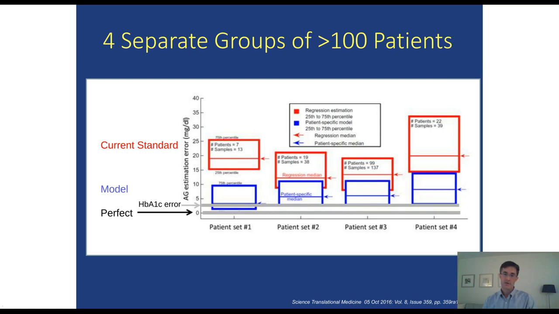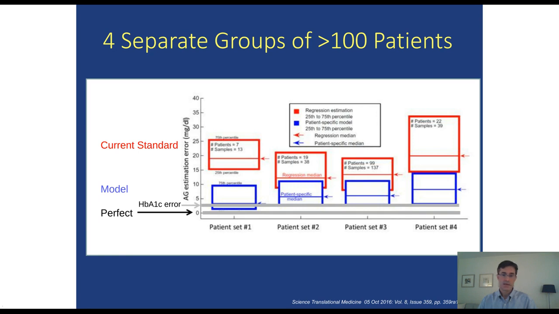Because there's some error in the hemoglobin A1c measurement, in reality, the perfect error is not achievable, and due to analytic error, an error of about 3 is all we could hope to achieve. And we can see that those blue boxes, which represent the performance of the mean red cell age adjusted method, come pretty close to doing as well as we can expect given A1c analytic variation.